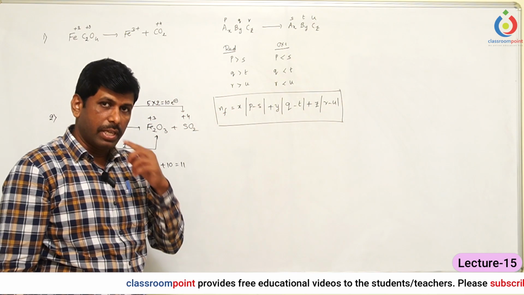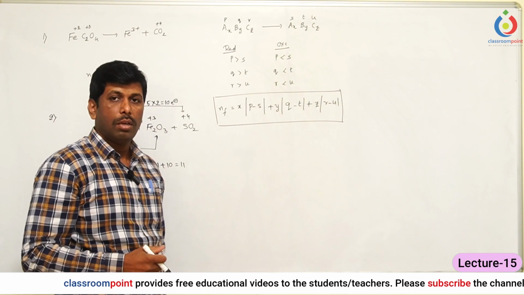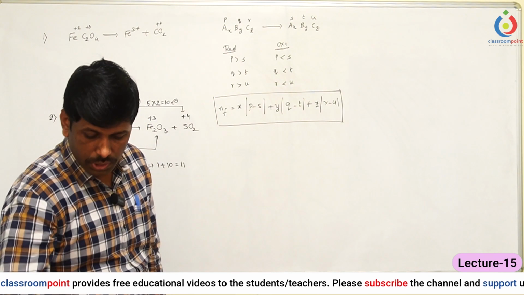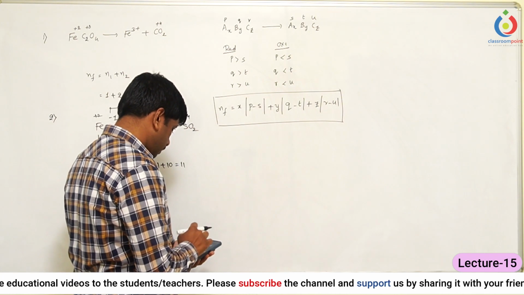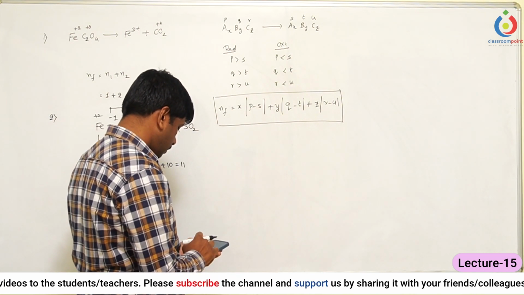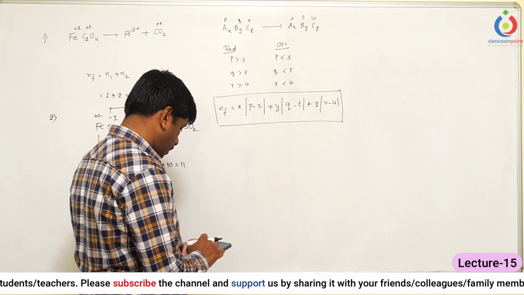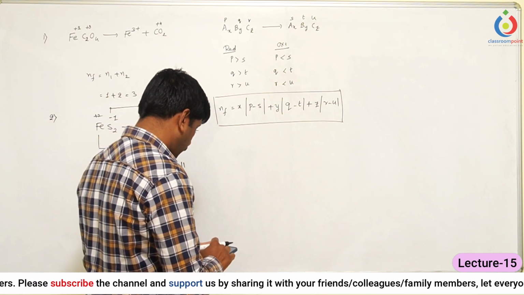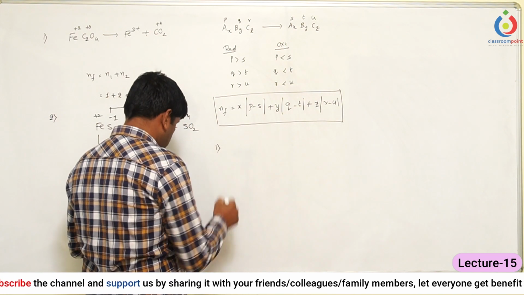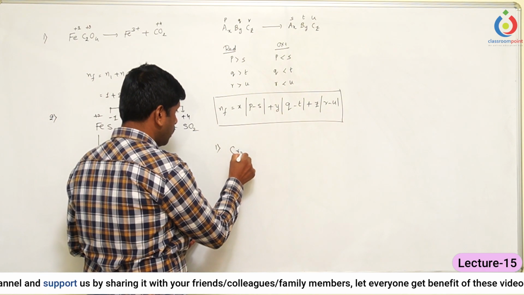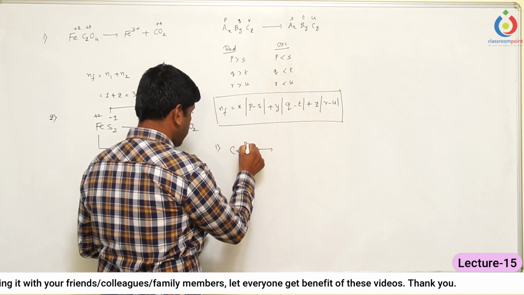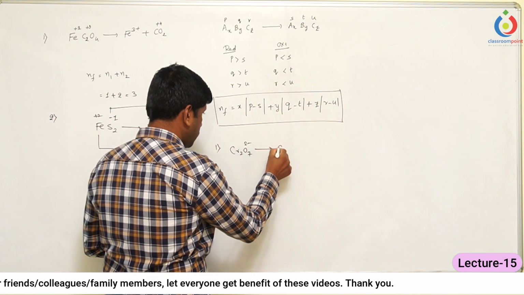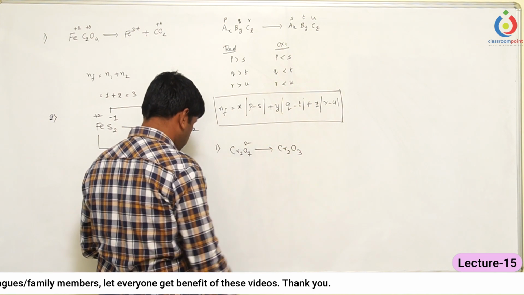So let us see some examples to understand these mod calculations and how to use this. So we shall write down some examples. First example: Cr2O7 2- changes to Cr2O3.